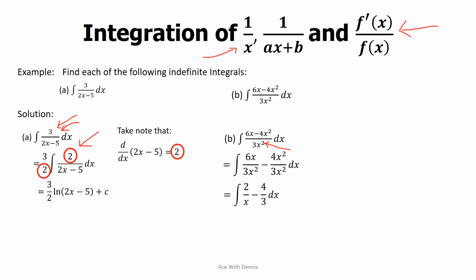When you simplify it, you get the integration of 2 over x minus 4 over 3 dx. Notice that this 2 over x equals 2 times 1 over x. Therefore, when I integrate 2 over x, it becomes 2 ln x. When I integrate negative 4 over 3, it becomes negative 4 over 3x, then plus c. So this is the answer for B.